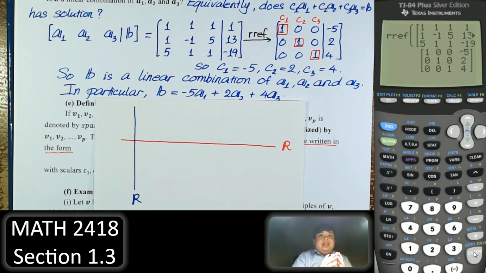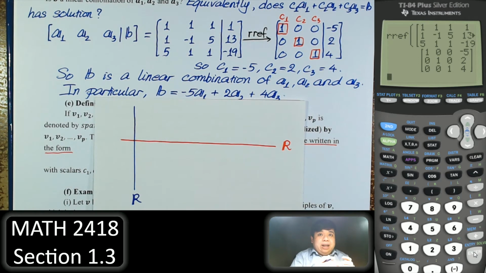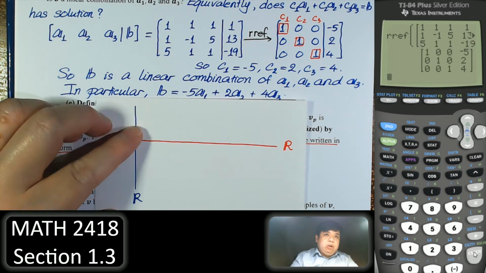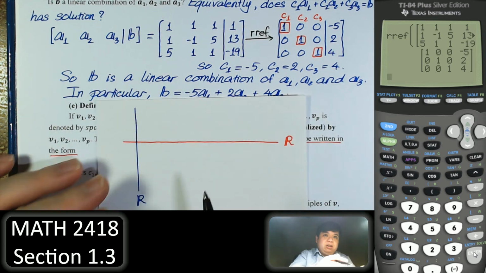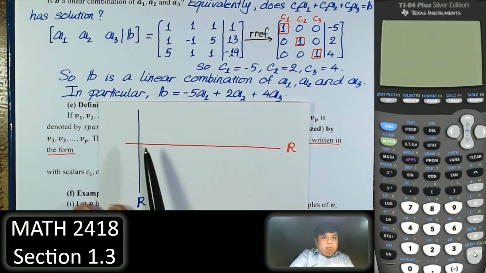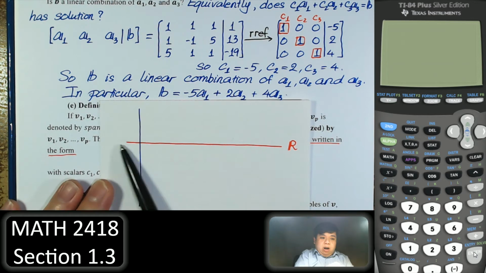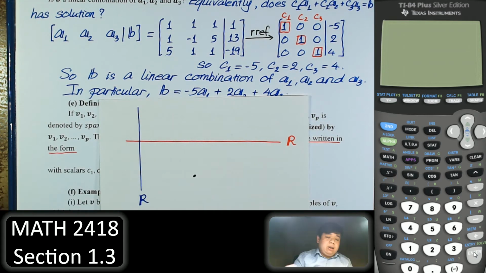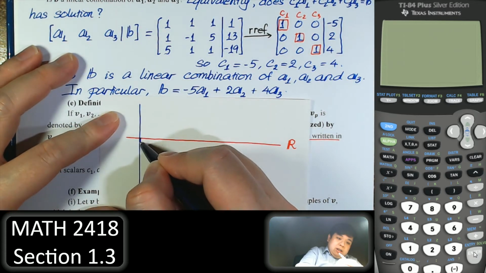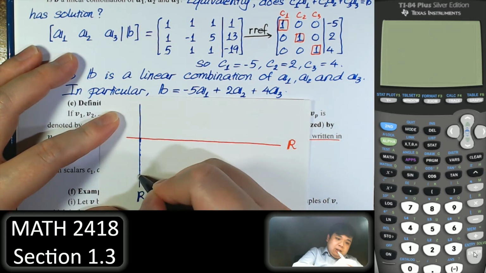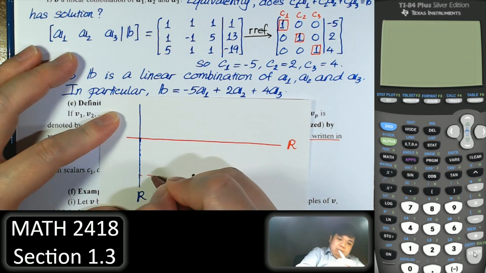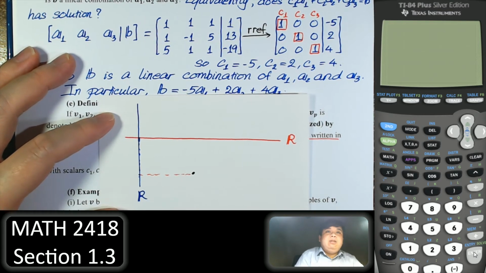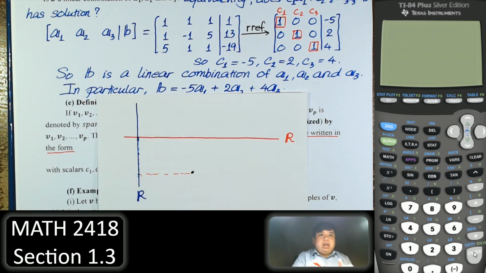Now the linear combination of these two can generate every point on the plane, right? For example, if we have these two directions, backward or forward along these two lines, if I want to go to this point here, I will go along this, and then I go to that side, right? So with these two directions, I can go anywhere on the plane.